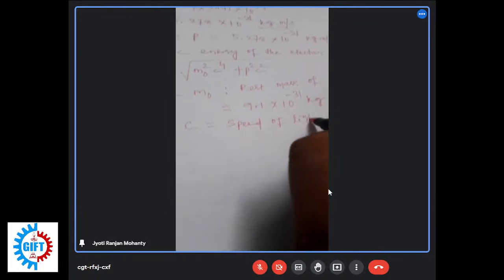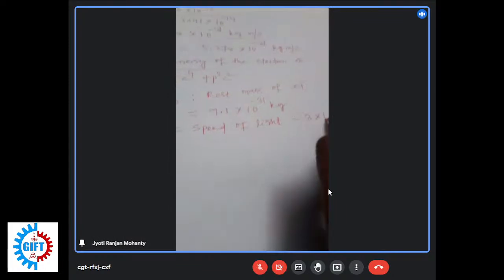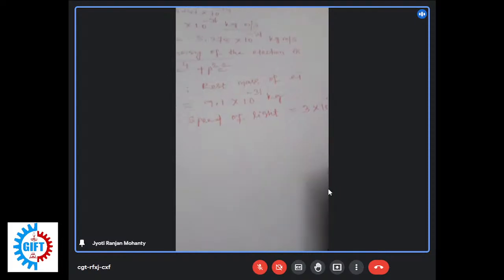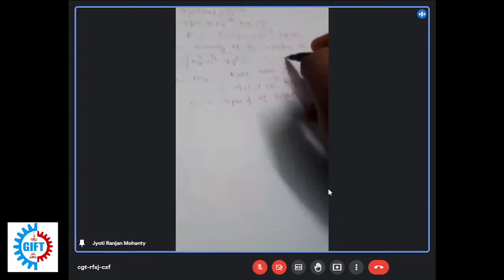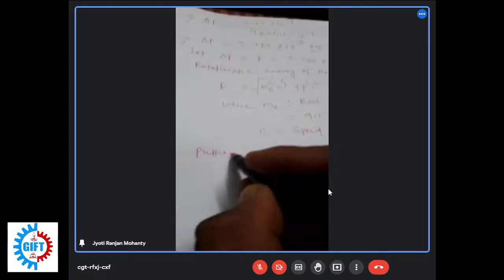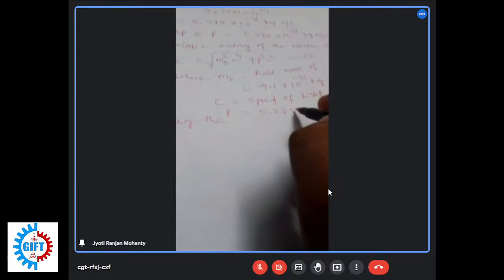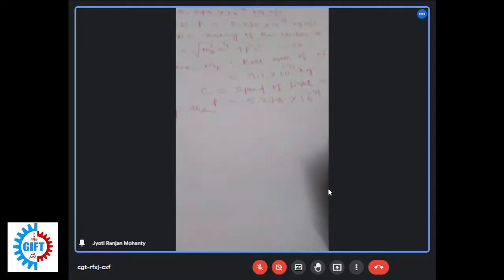Speed of light, which is equal to 3 into 10 to the power 8 meter per second. Now putting all the values in this equation, suppose this is equation 1, and P we got 5.278 into 10 to the power minus 21 kg meter per second.